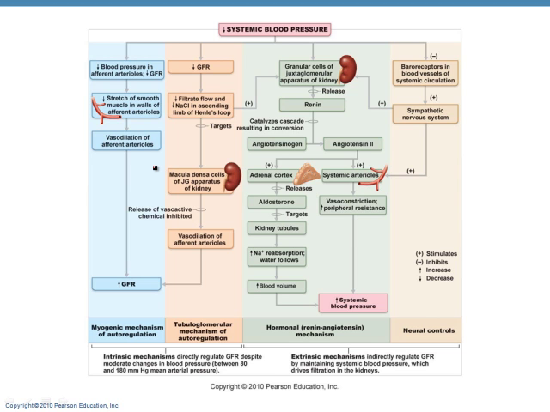Some of the extrinsic, so that was intrinsic. What's intrinsic? Kind of internal. These controls that we just discussed are located right in the kidney, and they're part of what we call autoregulation. They're right there already.